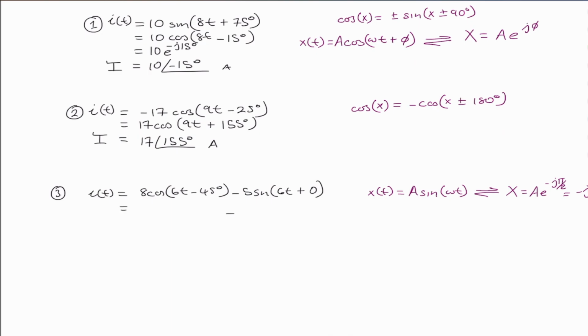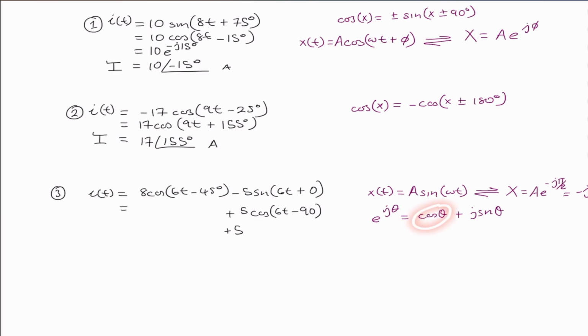So we go ahead. So that's going to be a positive cosine. Change that to a positive 6t minus 90 degrees. So then if we use Euler's identity, which we've been using, it's equal to cosine theta plus j sine theta. We then go ahead, and cosine minus 90 is going to equal 0, so that goes away.